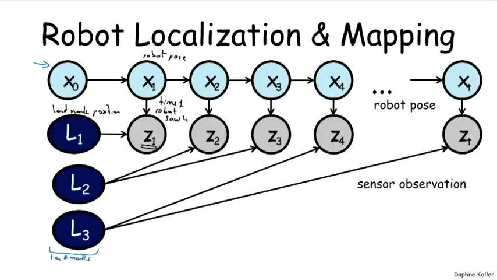And here at time 2, we have that the robot saw landmark 2. So we have this dependency over here. And at time 3, the robot also saw landmark 2. So you have 2 observations for the same landmark. In here, I didn't draw the fact that you can see more than one landmark at a given point in time, but that also is easy to add in.